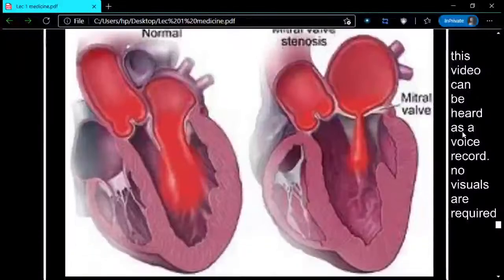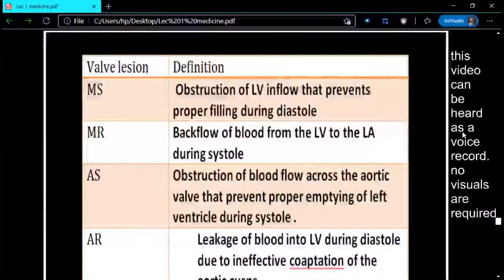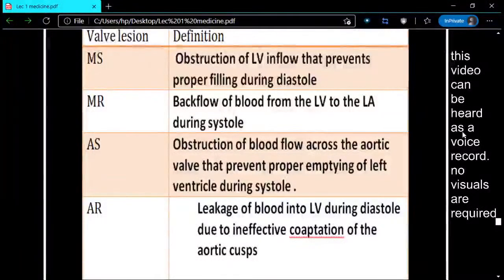Mitral valves. The AS and the AR. AS is the emptying obstruction. AR is the leakage. MR is the backflow, and MS is the obstruction.